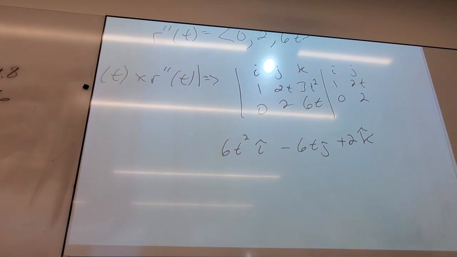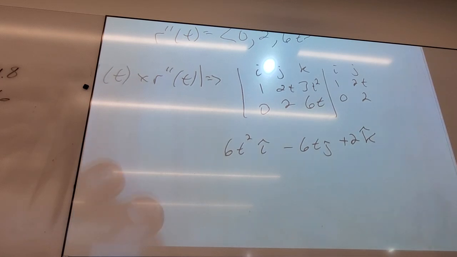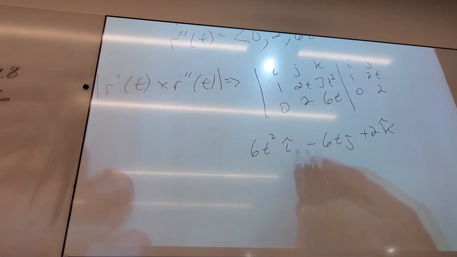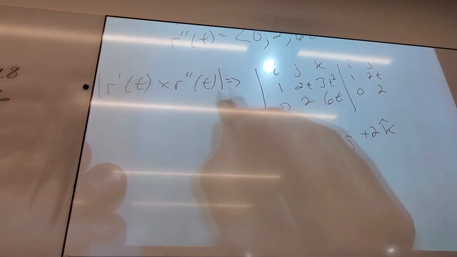So now what do I have to do with that vector that we just got? Find the length. Good. So how do I find the length? That's why I put a little arrow.